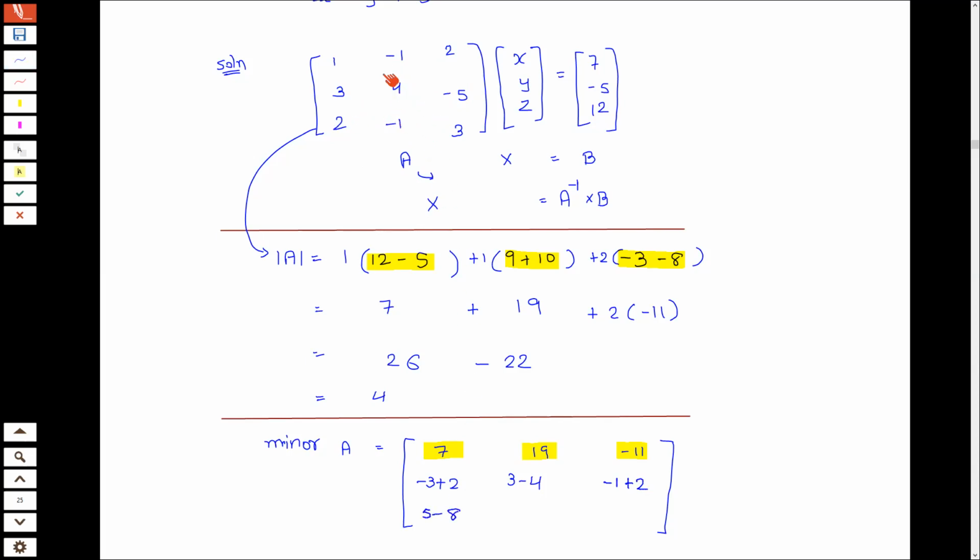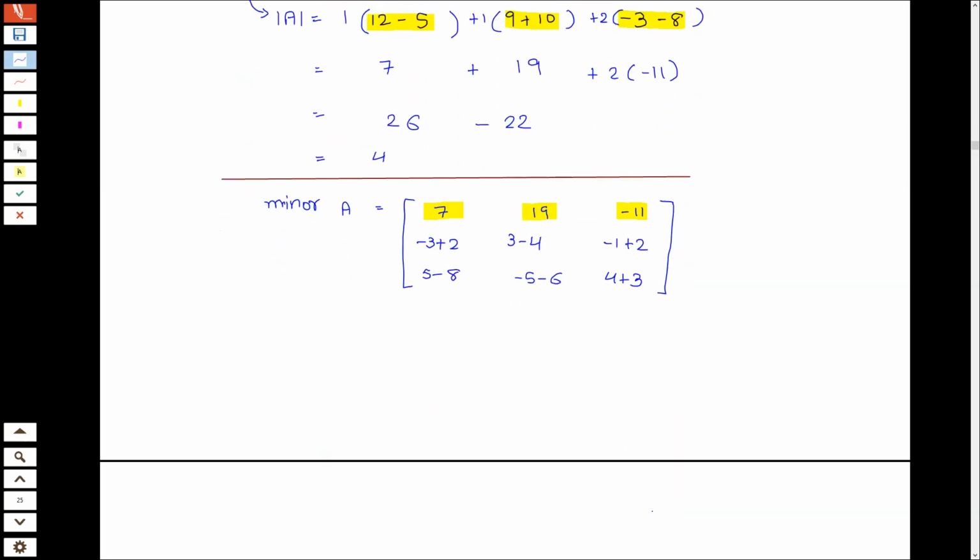In place of 1, these 4 numbers will be there, minus 5, minus 6. And here in position of 3, I will have 4 plus 3. So my minor matrix is ready.